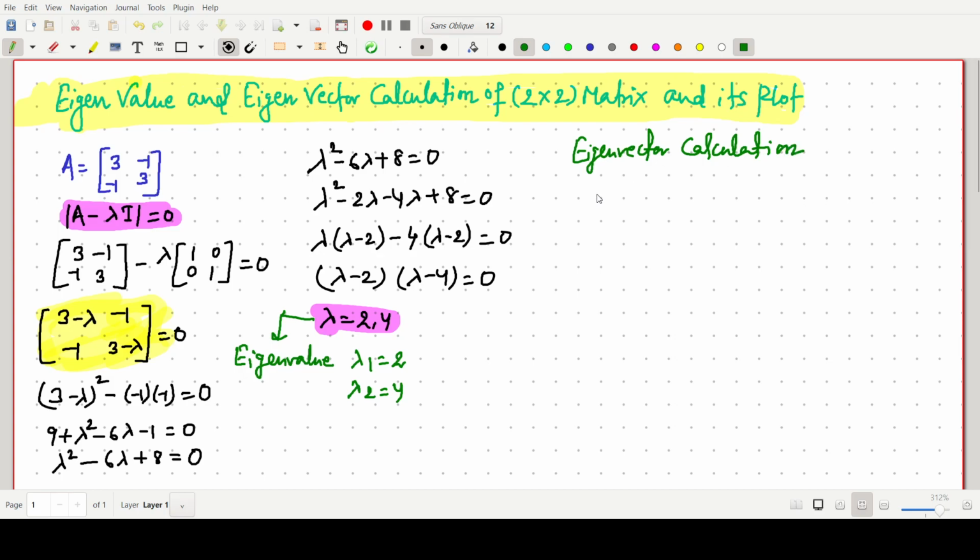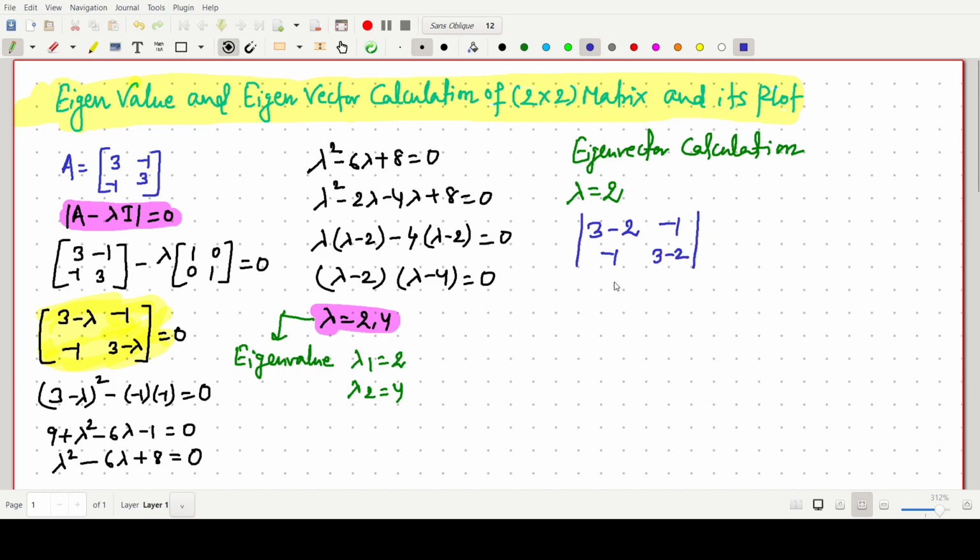Now, for two eigenvalues, there should be two or more eigenvectors. So first, we have to start with lambda equals to 2. Okay, for lambda equals to 2, what we have to write? We can write 3 minus 2, minus 1, minus 1, then 3 minus 2.